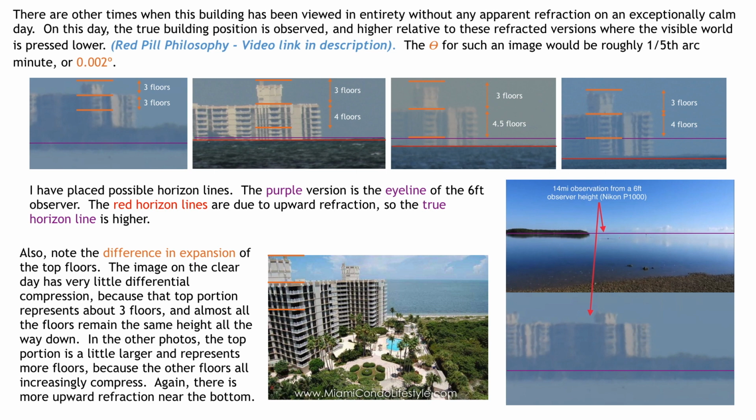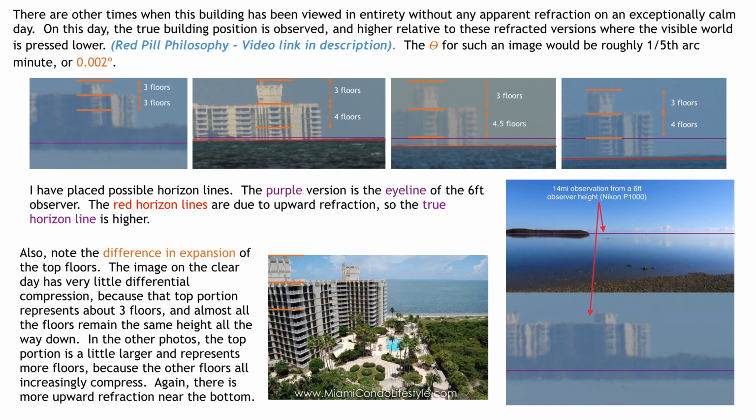But we can also see within this same footage this differential compression as well. As an example of that, look at the condominium picture on the bottom, and you can see that top structure on top of the roof represents about 3 floors worth. And so when you compare it to the upper left footage, where it's that crystal clear, essentially non-refracted day, it represents exactly about 3 floors.